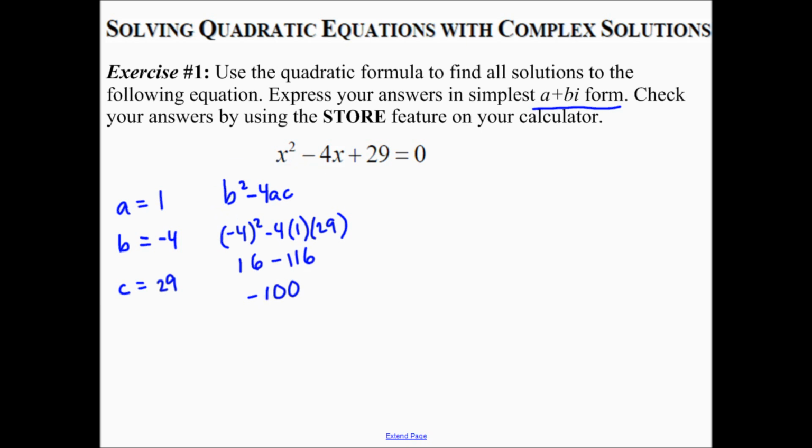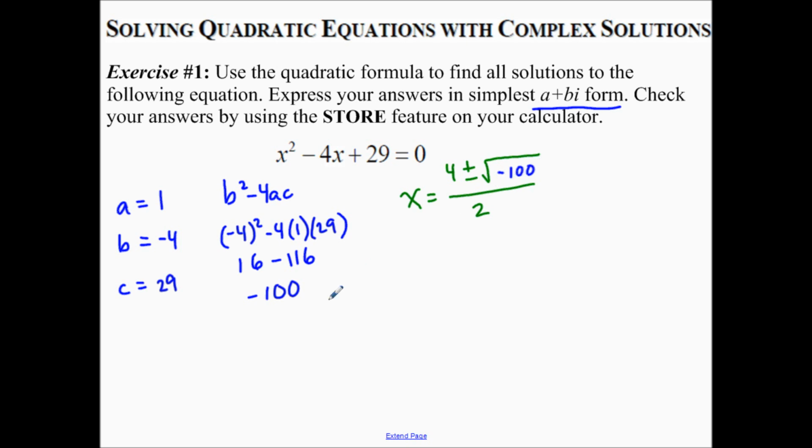So now let's get right into our quadratic formula. We've got x equals -b, so -4 makes a 4, plus or minus the square root of b squared minus 4ac, all over 2a, 2 times 1. In blue here, I'm going to put the b squared minus 4ac, the -100.